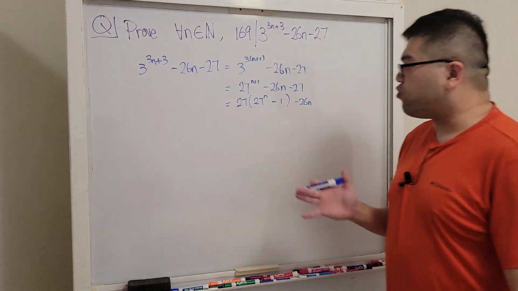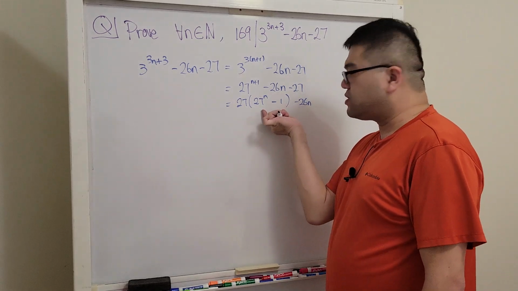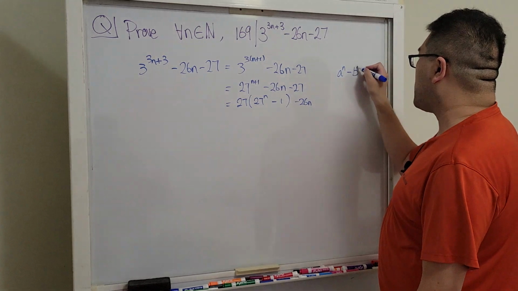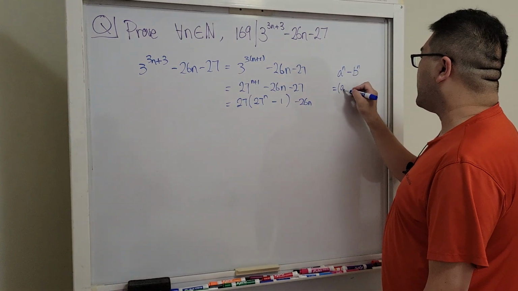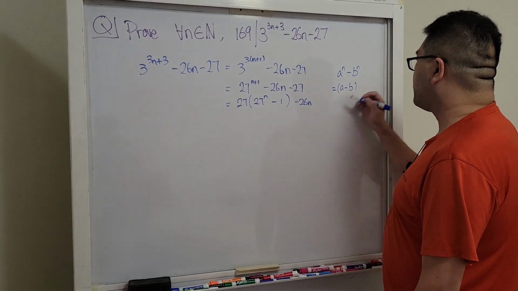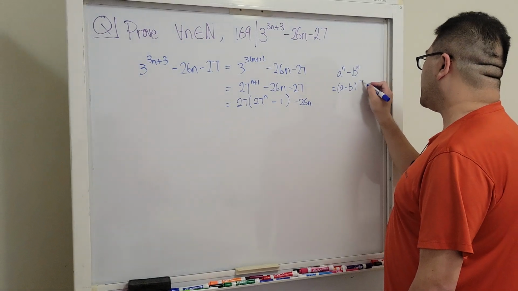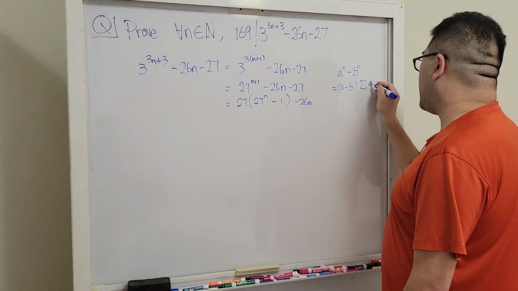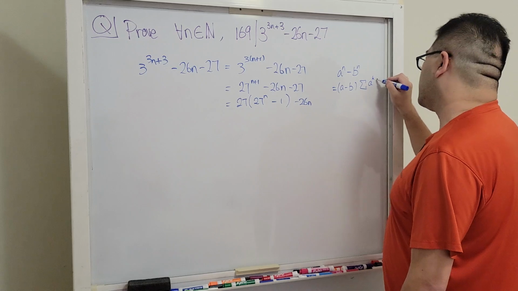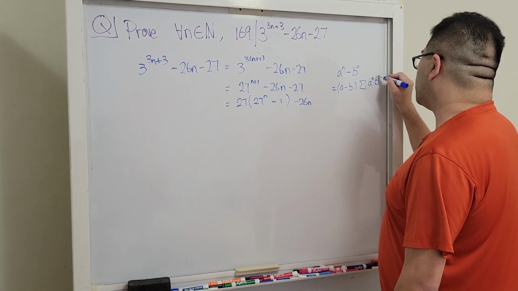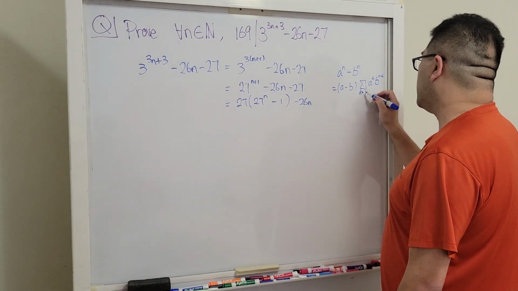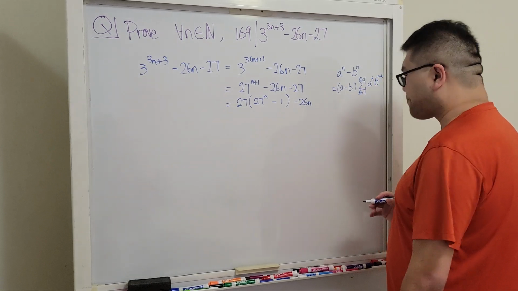And now if we're trying to factor this out, if we consider a to the n power minus b to the n power, we can always factor out a minus b, and then the remaining factor will just be the sum of a to the k power times b to the n minus 1 minus k power, for k from 0 to n minus 1.